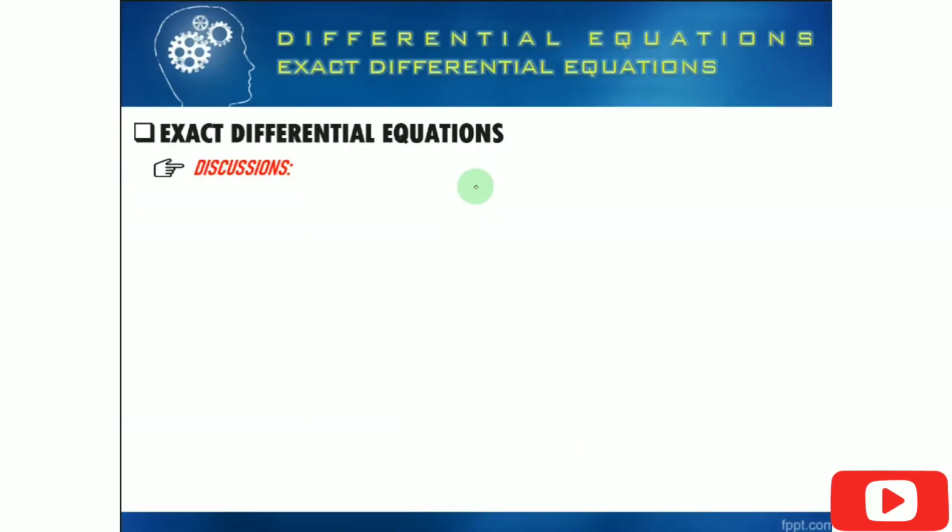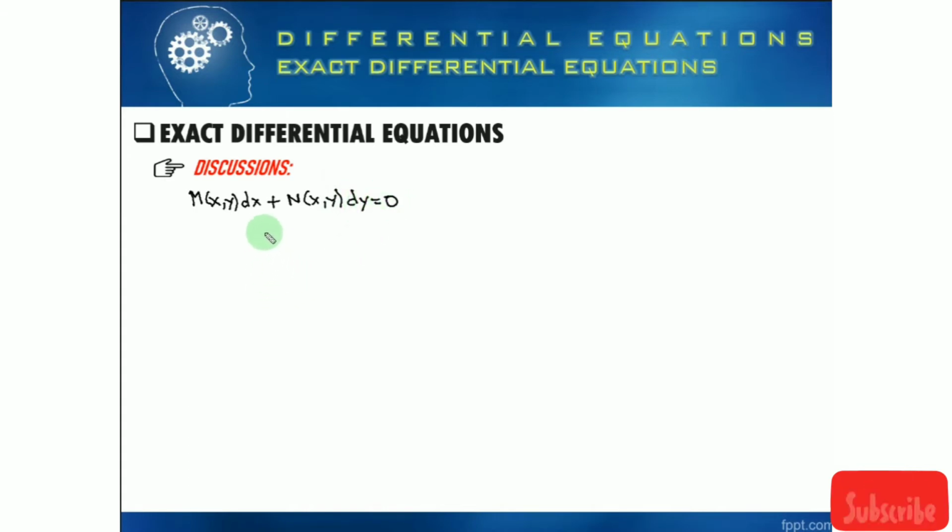Okay, so we have these exact differential equations, and we need to consider this standard form of solving an exact differential equation, in which we have this M as a function of your x or y variable, dx, plus your N as a function also of your x or y variable, dy, is equal now to 0.